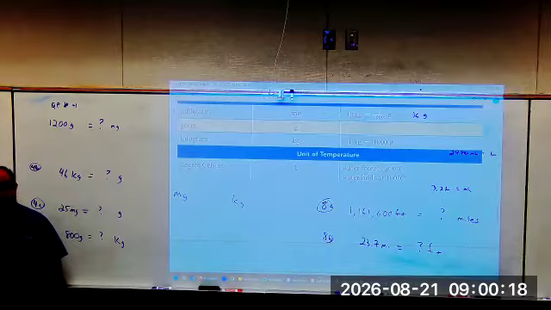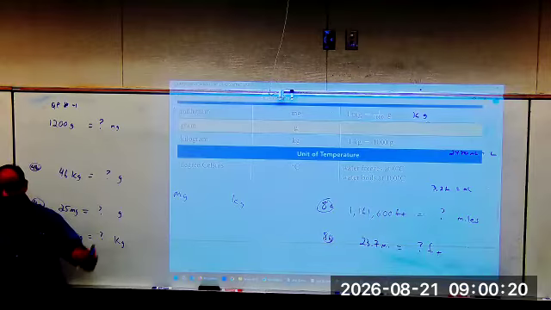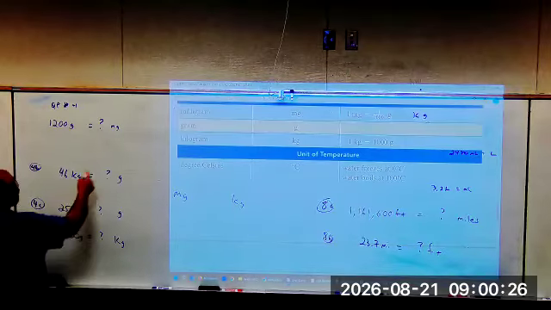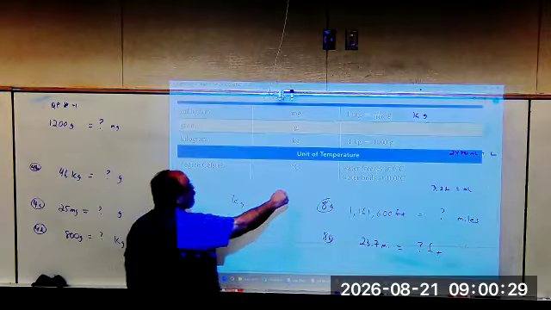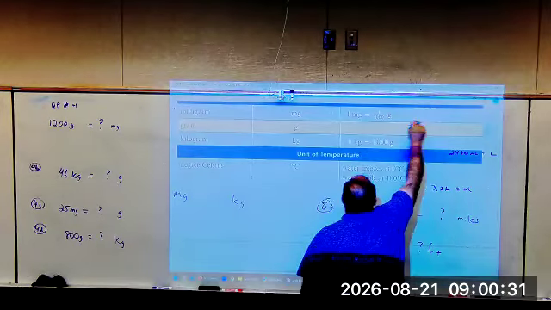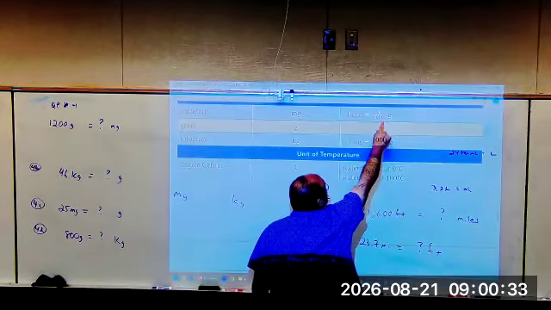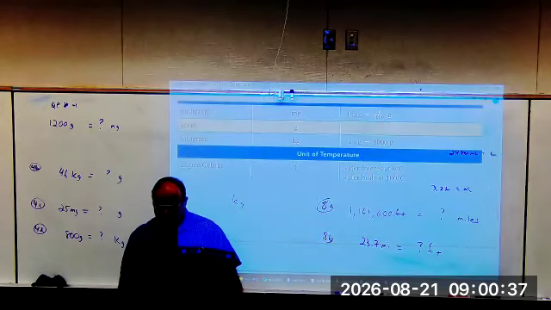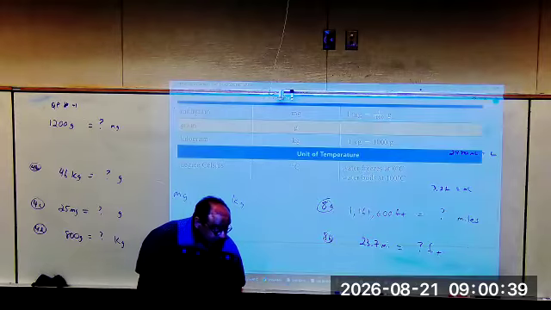Okay. I will do it up here because it's going to help you guys understand it. Okay, here we go. So grams and milligrams. The connection, grams to milligram. 1 milligram equals 1,000 grams.